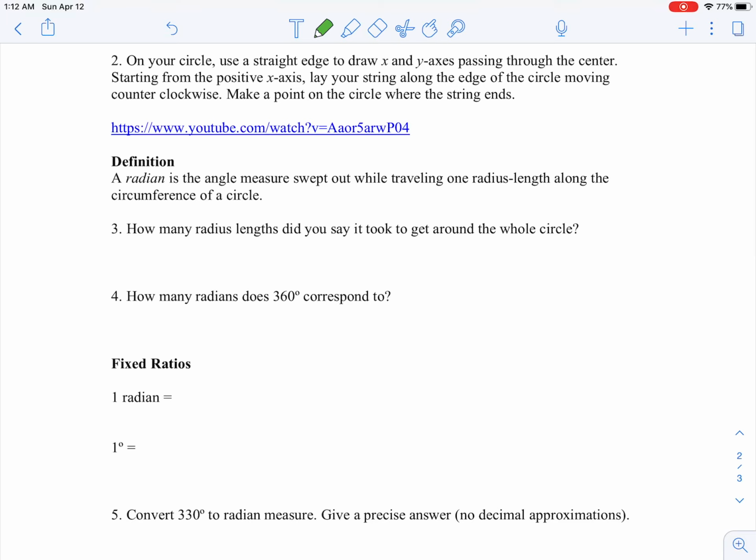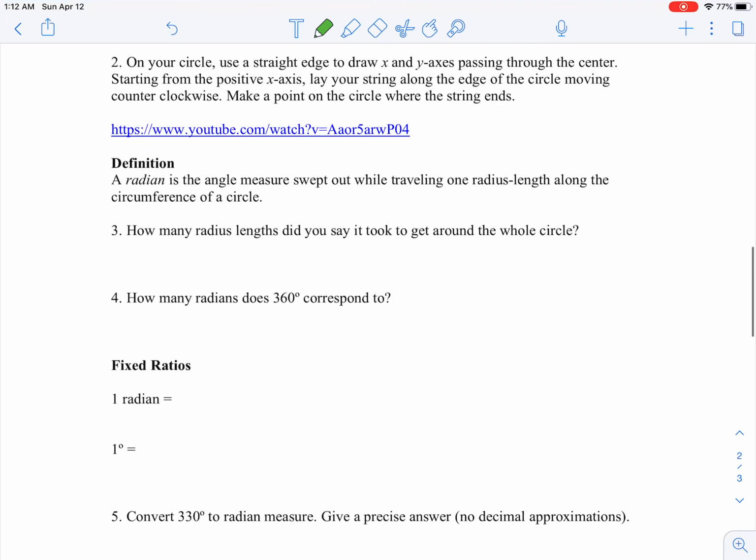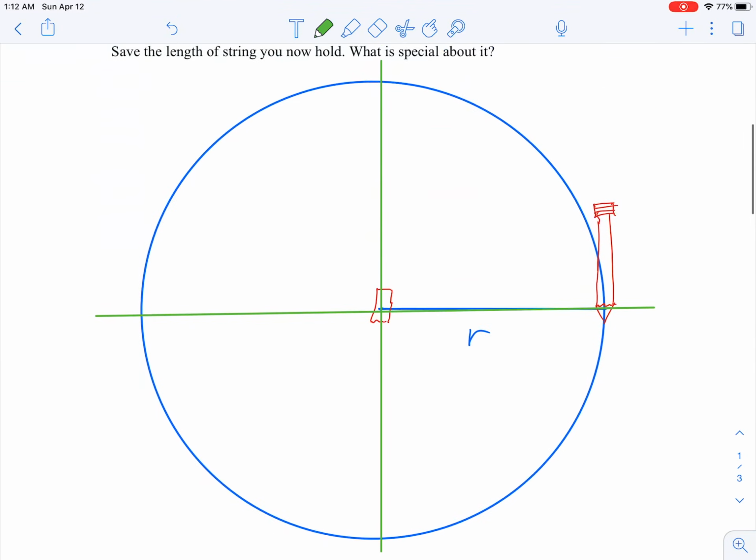I'm not going to be able to effectively draw the behavior of the point at the end of the string, but I will highlight what you're going to be doing there. You want to take your string and lay it along until you reach the end of its travel. It'll probably happen right about there, roughly speaking. Again, lay it along and then pause and mark where it lands.